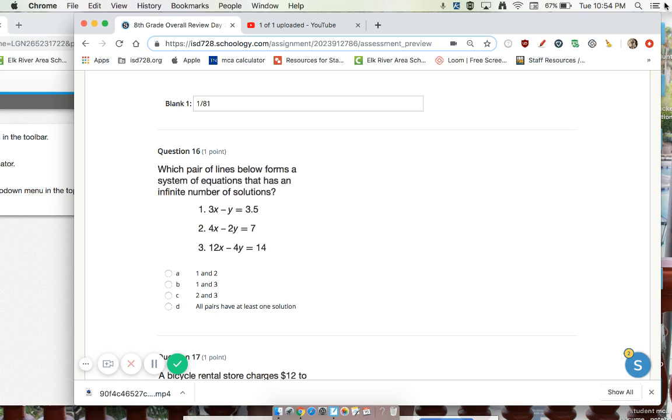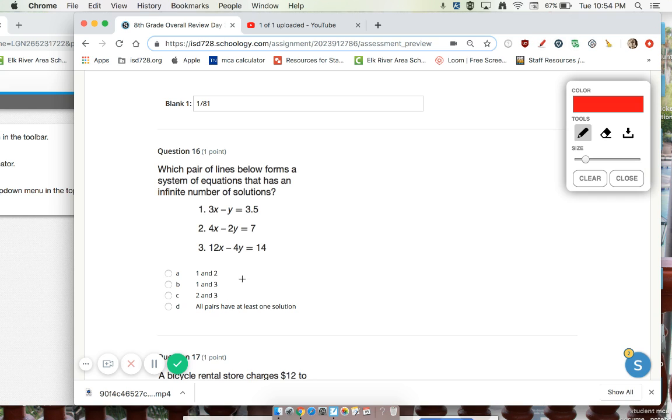Okay, and then the next one, it says equations 1 and 3. So 3x minus y is equal to 3.5. Trying to write it nicely.